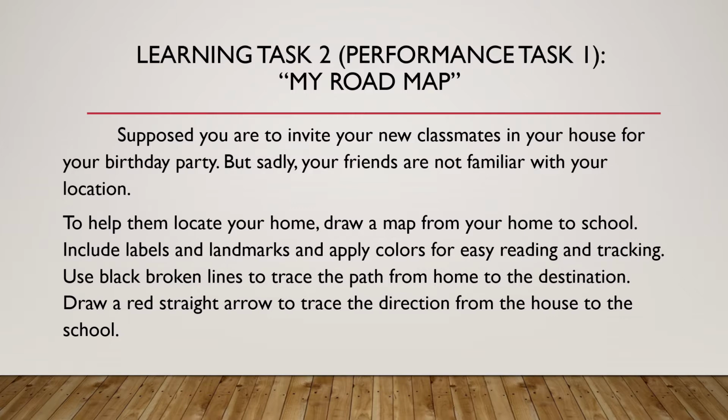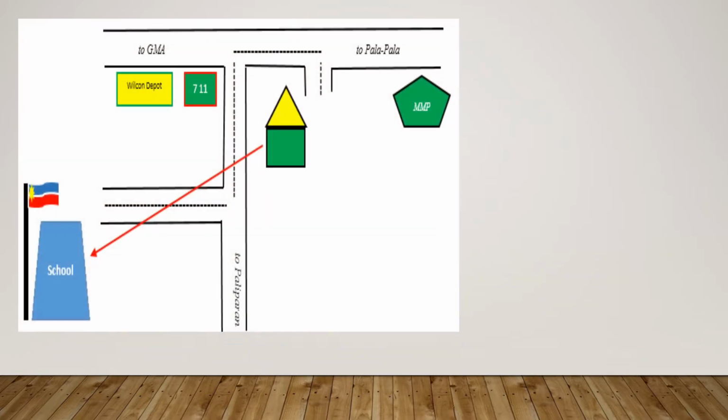So, I have here an example. Look at this example of a road map, from school to his or her home, or from his home to the school. You can see the dash lines. These dash lines represent the broken lines.